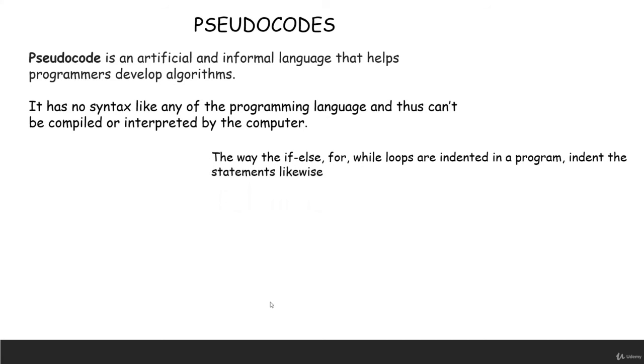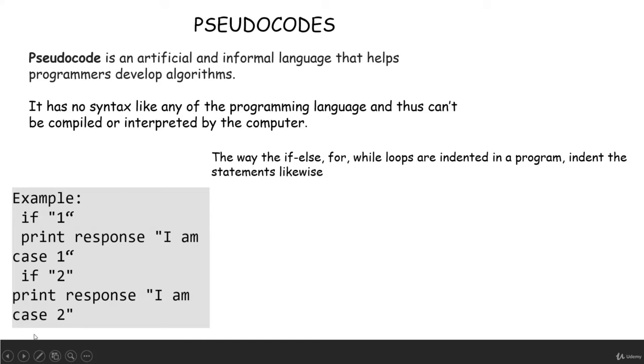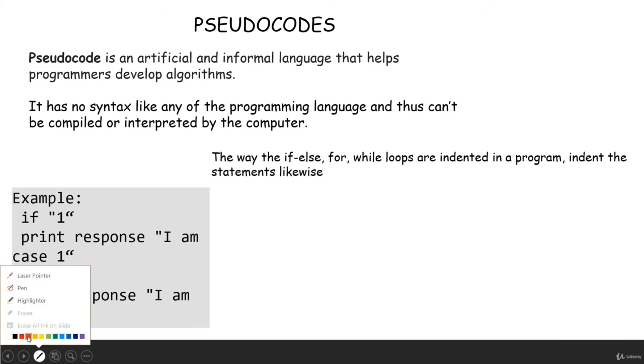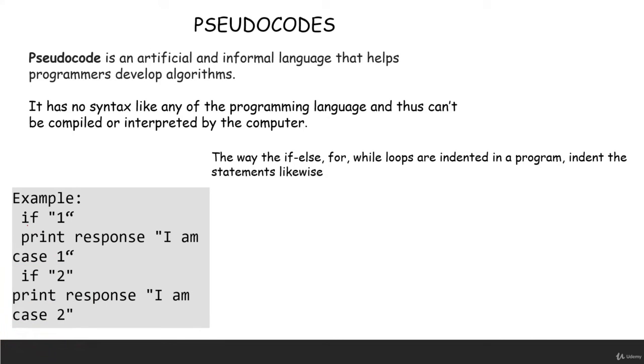For example, the way the if, else, for, while loops are indented in a program, indent the statements likewise. This is one example I have just shown. You'll just make some outline that I'll take this condition if, and if this condition is true, this statement will be printed, and you will define some cases there, right?